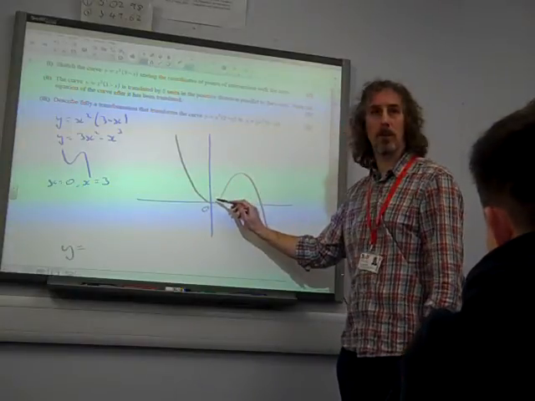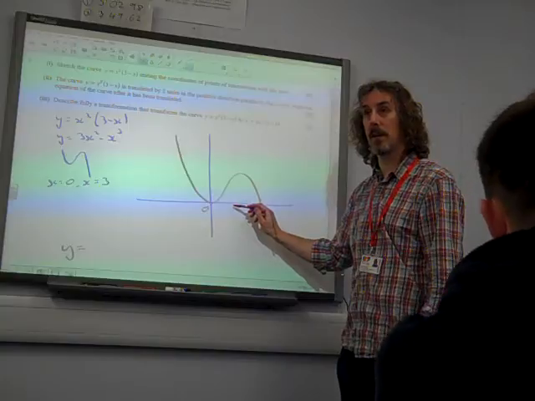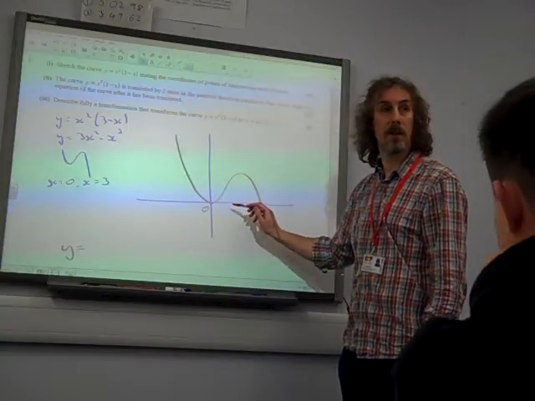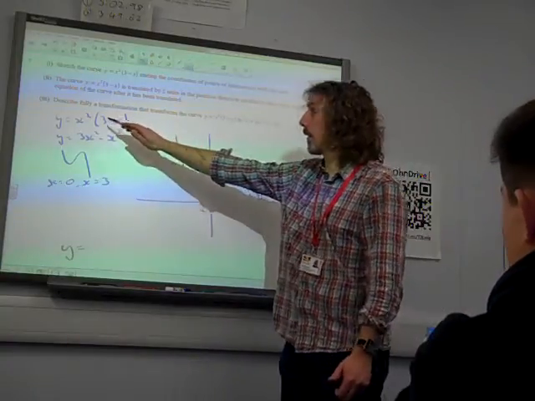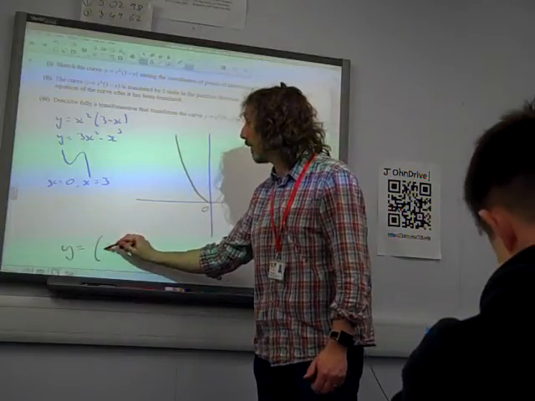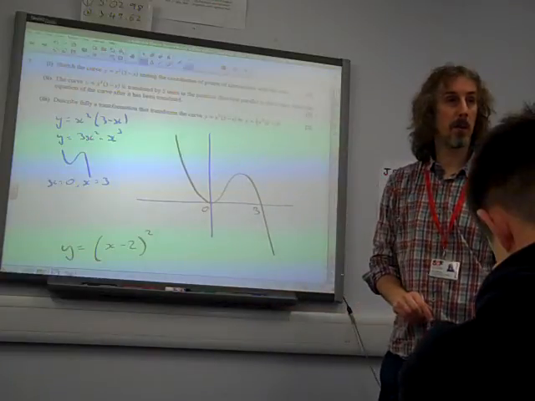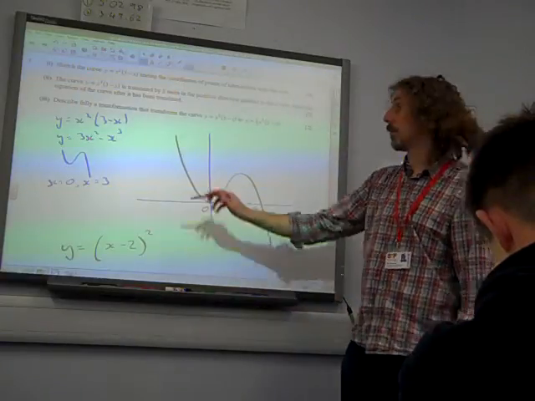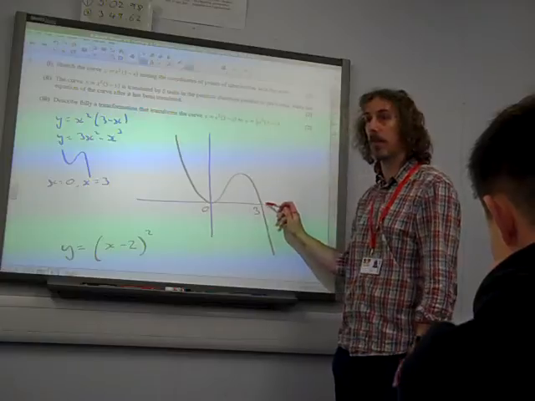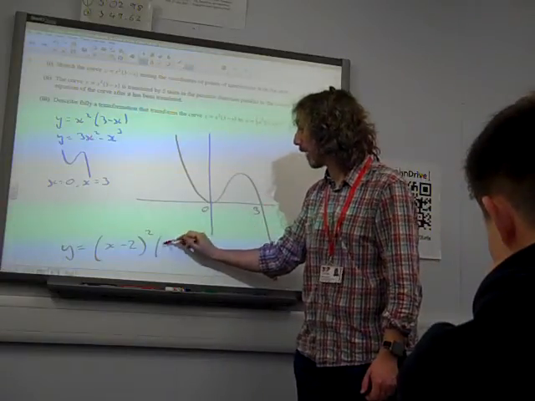That means that the double root is now going to be at 2 instead of at 0. So that double root, that was x squared, is now going to be (x minus 2) squared. And the other root, which was at 3 minus x, is 2 units further over, so that's now going to be 5 minus x.